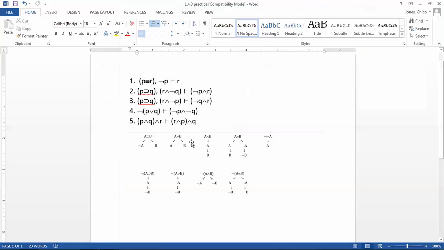And then the next one is the not and rule, and that splits, right? This A and B is saying you have both of these, and saying that it's false means at least one of those is not true. So you split them out.